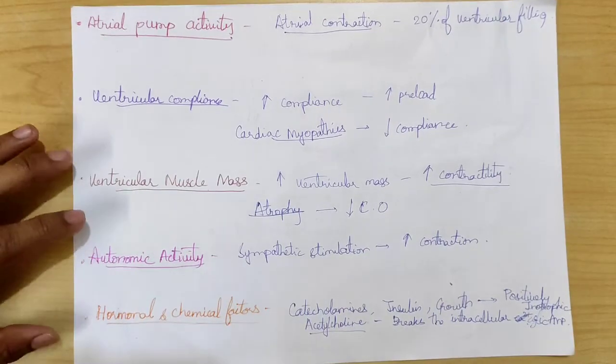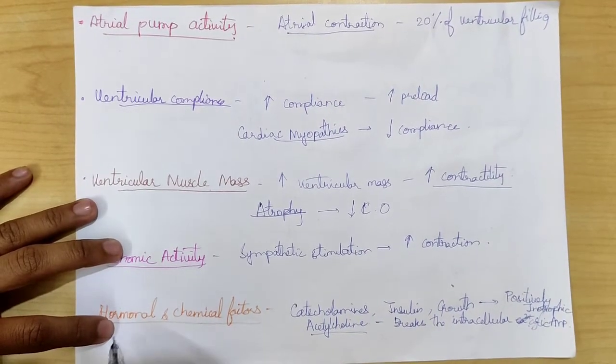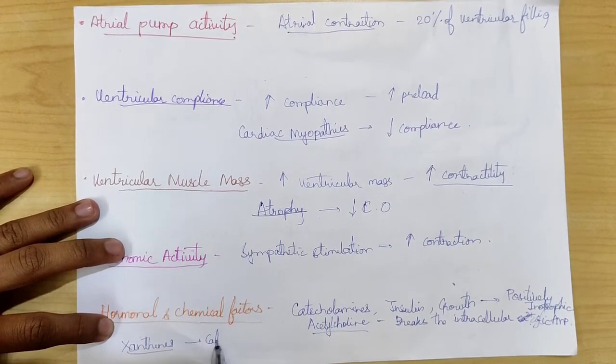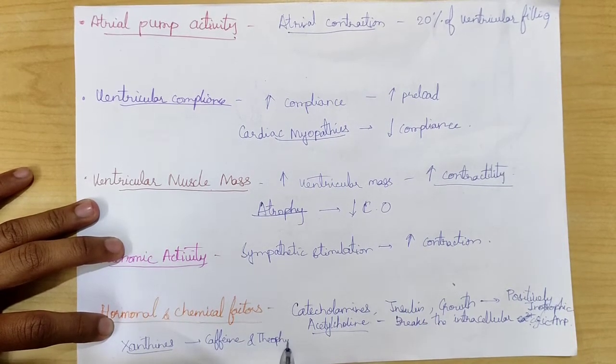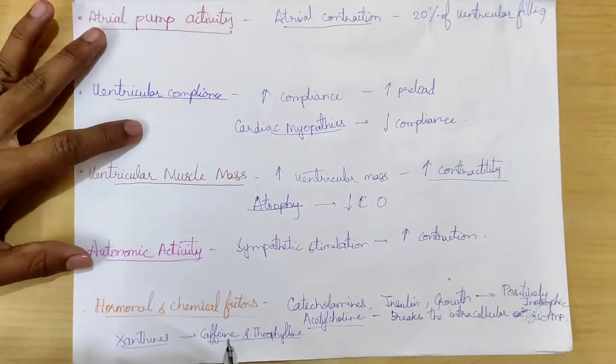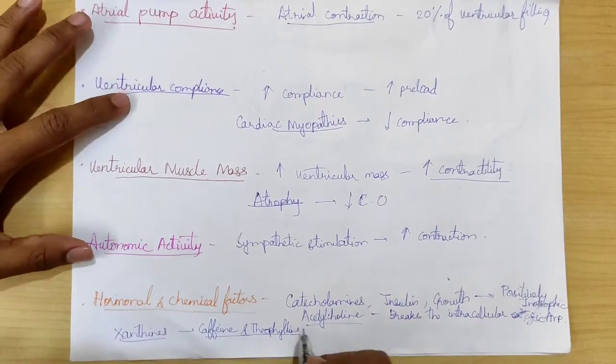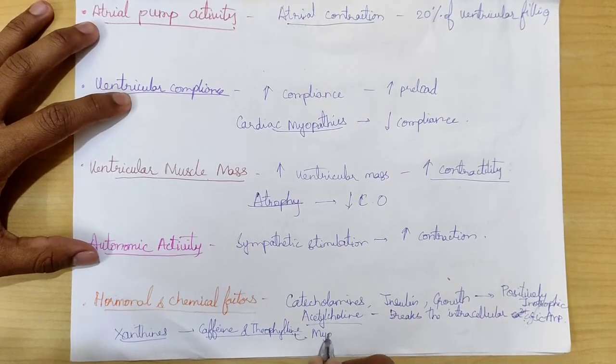Now talking about the chemical factors, there are chemical factors like xanthines. Examples of xanthines are caffeine and theophylline. These are present in coffee and tea. Caffeine and theophylline, examples of the xanthines, increase the myocardial contractility.